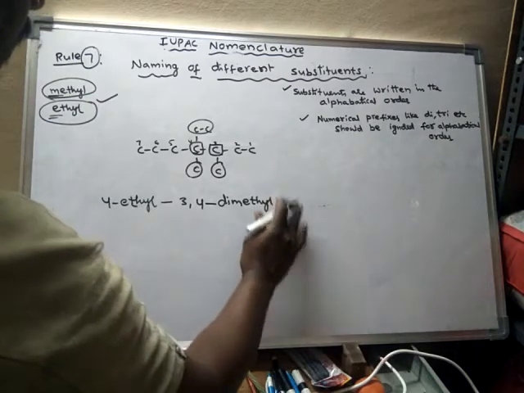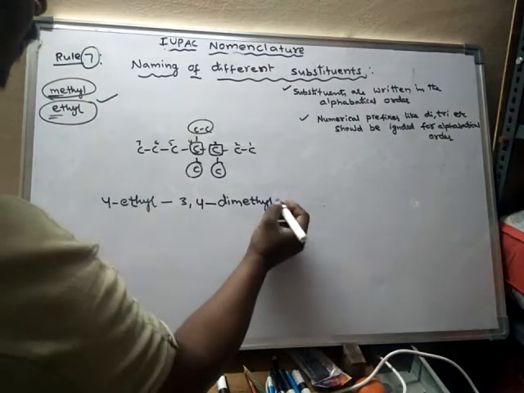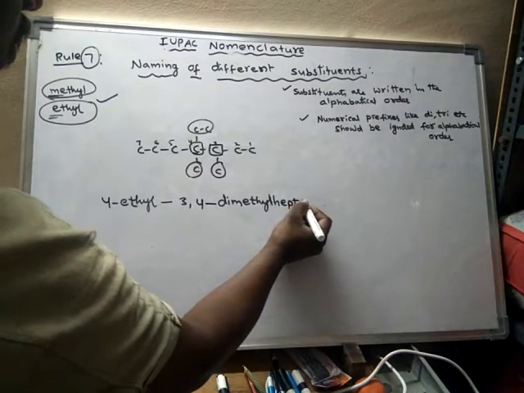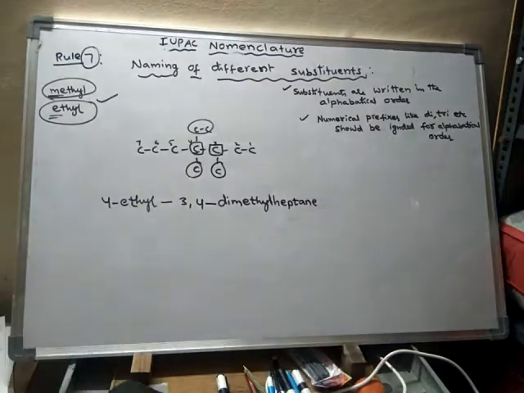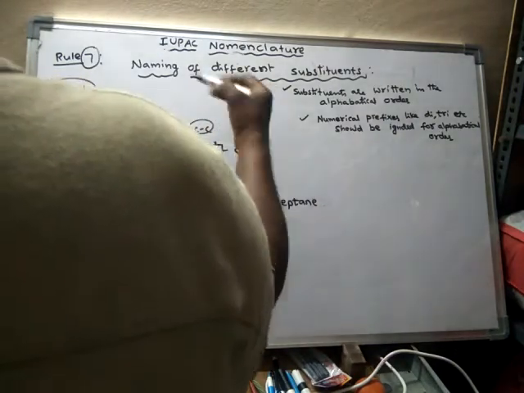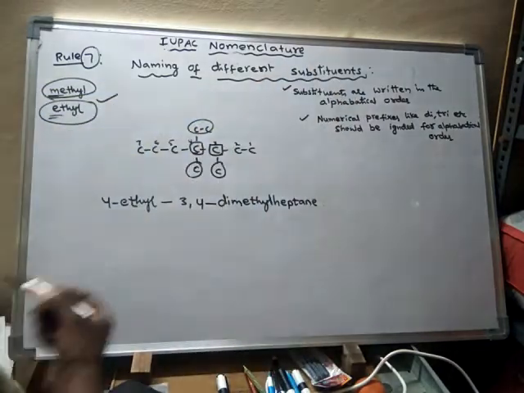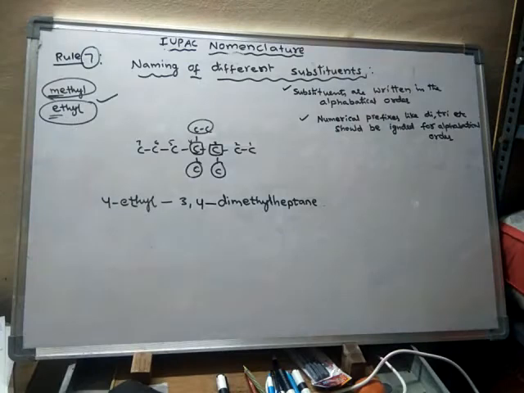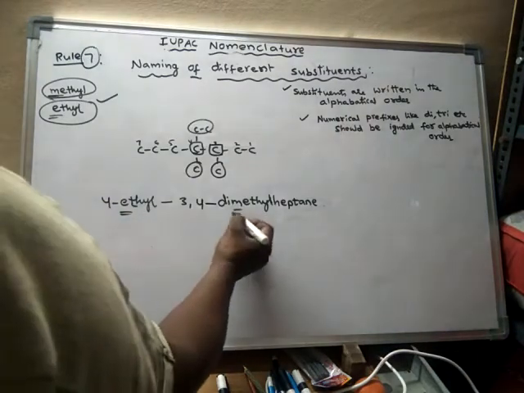Dimethyl heptane. Heptane. So when different substituents are present, substituents are written in alphabetical order. So ethyl is written first before methyl.